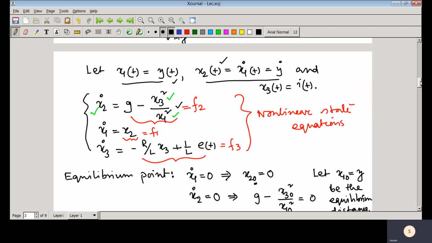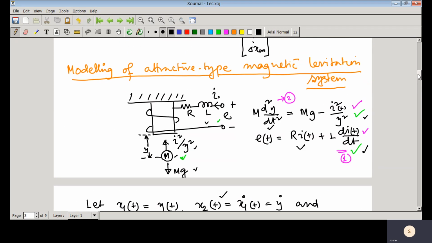So if you look at this particular diagram, if you would like to levitate this ball, say suppose at 5 centimeter distance, that means our objective is to levitate the ball at 5 centimeter distance.